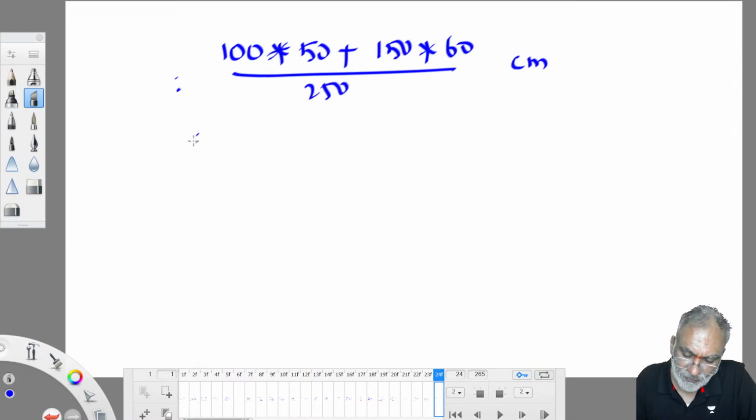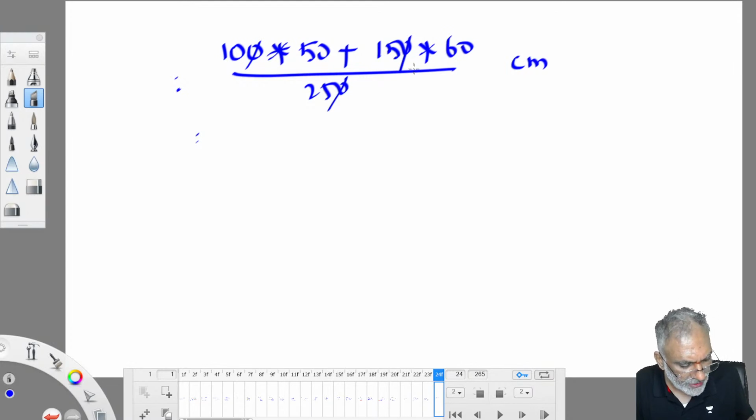So if we simplify, we'll get the answer. This is 25. All zeros I can cancel out. This 0, this 0, this 0. Then 10 into 50, 500. 500 plus 15 into 60, 900. 900 plus 500, 1400. 1400 by 25.